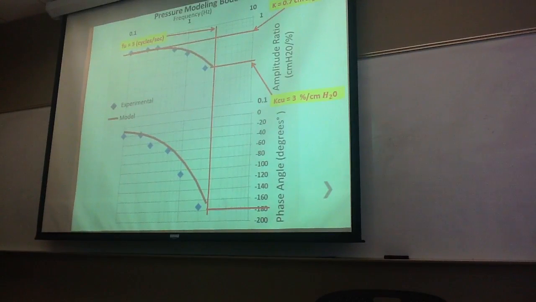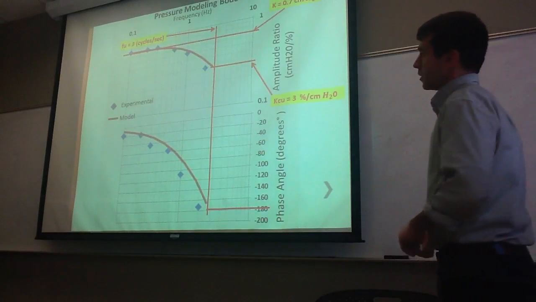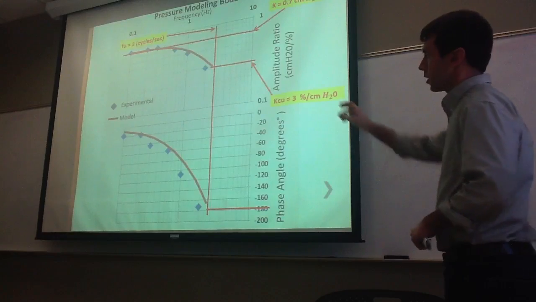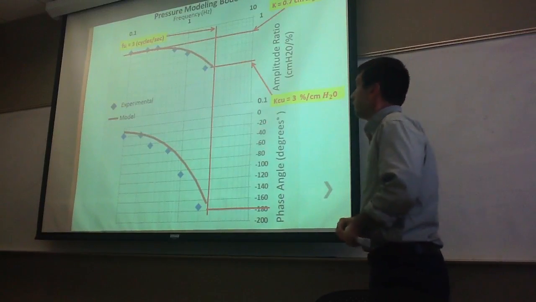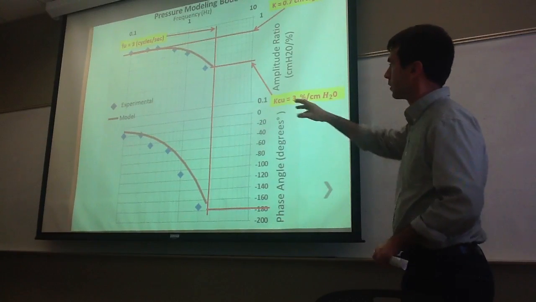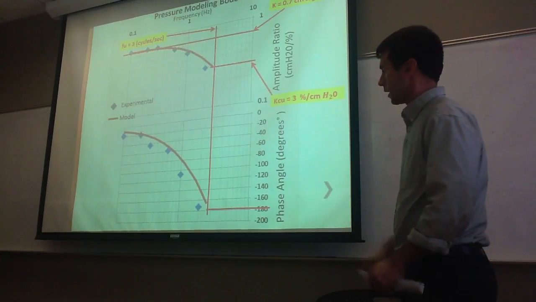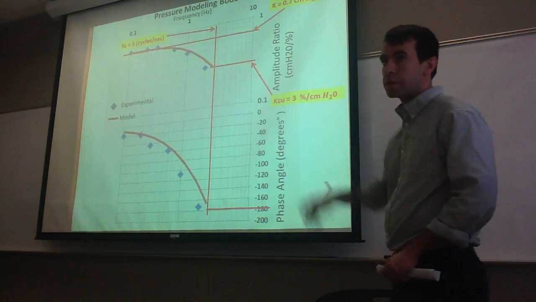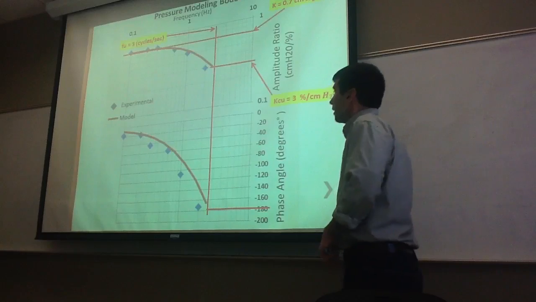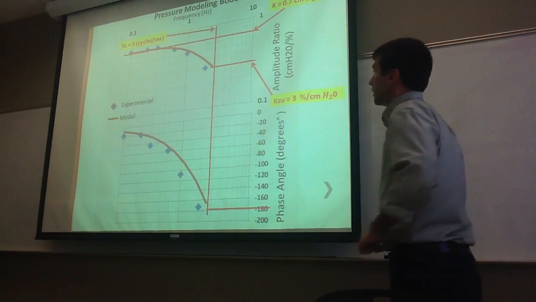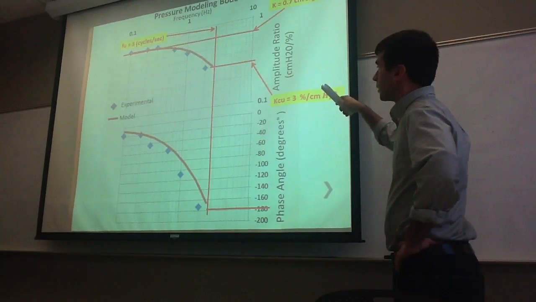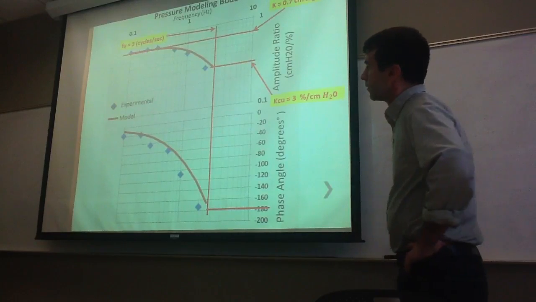And finally, with the modeling of the Bode plot, the experimental is just the blue markers there. And then the model is a straight curved line. And again, it's smooth, unlike the experimental. It lines up a lot better with the amplitude ratio and the phase angle.